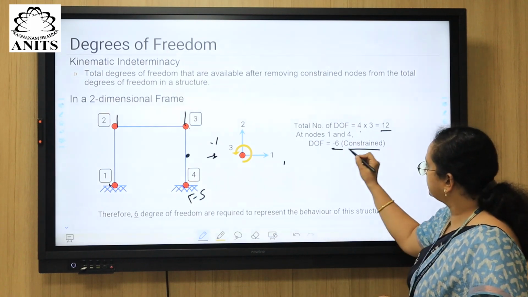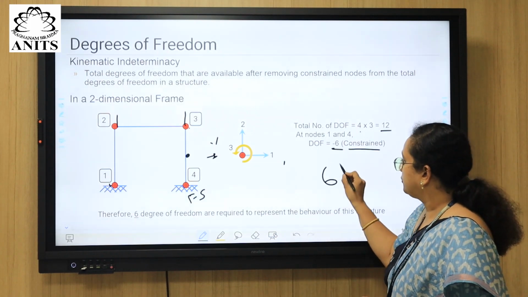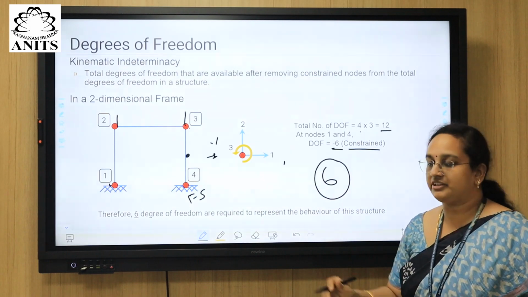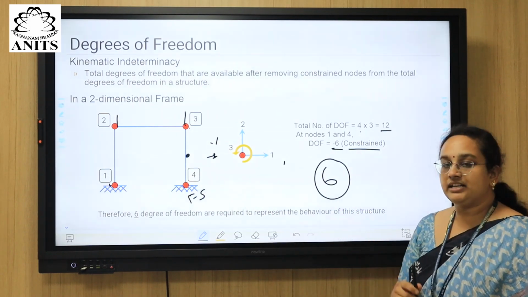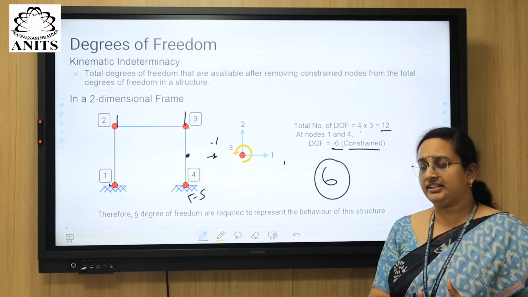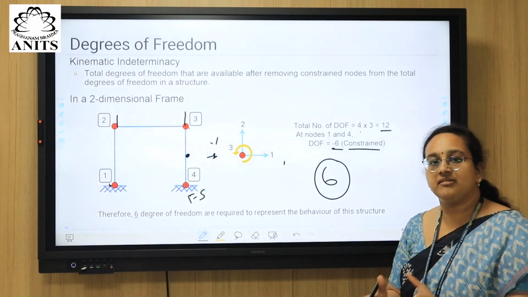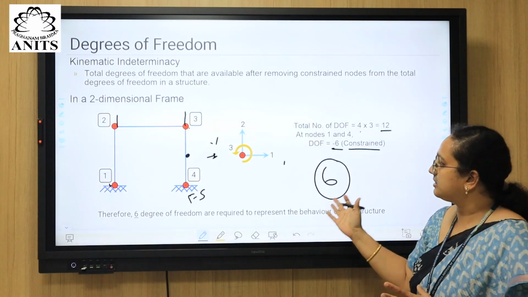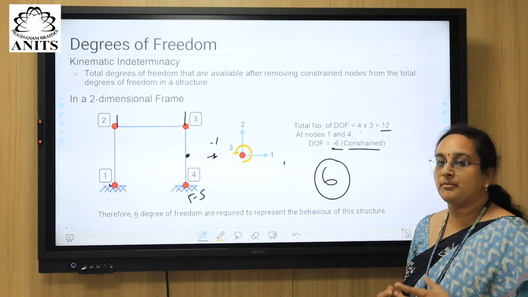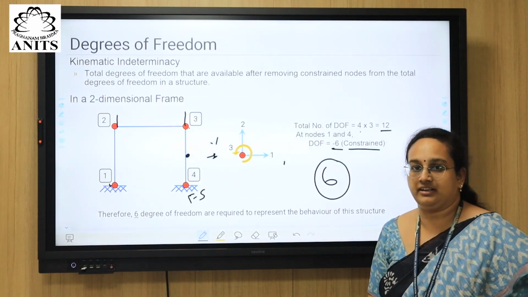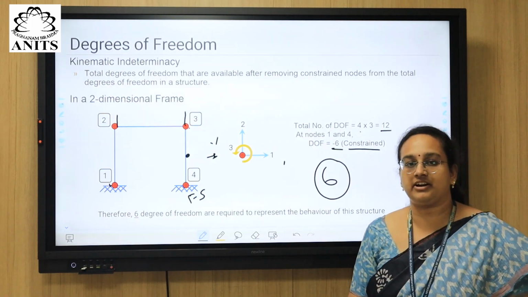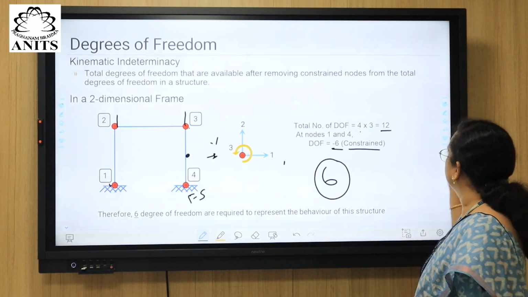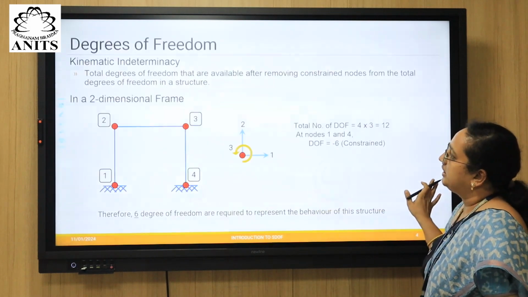So only 6 degrees of freedom are required to define the position of this frame, right? So the idea of degrees of freedom, and why we go for kinematic indeterminacy, is that we need to understand how many degrees of freedom we have to define such that we can understand the behavior of the structure. That is the agenda.